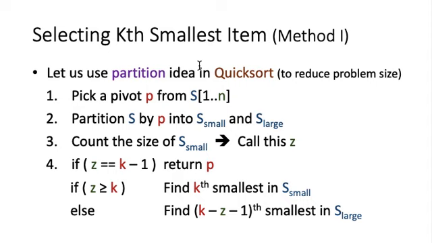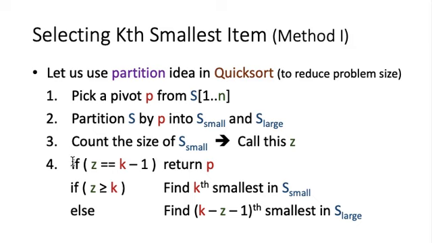Here, after we choose the pivot P, we partition the set S into S small and S large. S small contains those numbers smaller than P, and S large contains those numbers larger than P. During this partition process, we can count the size of S small along the way. Let us call Z the number of items smaller than P.